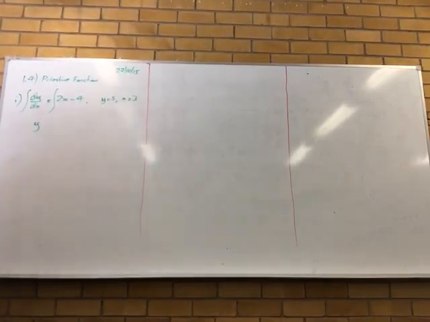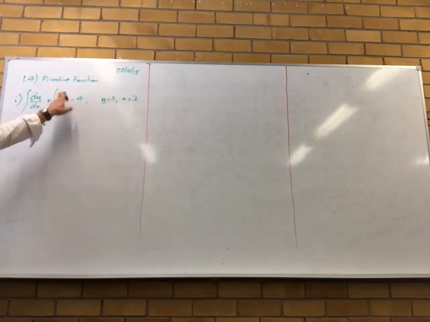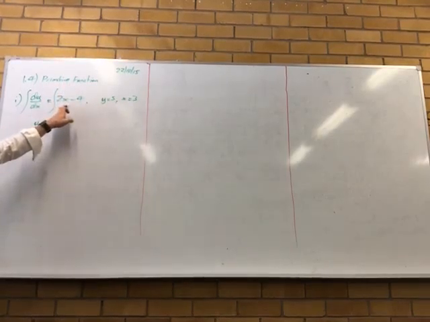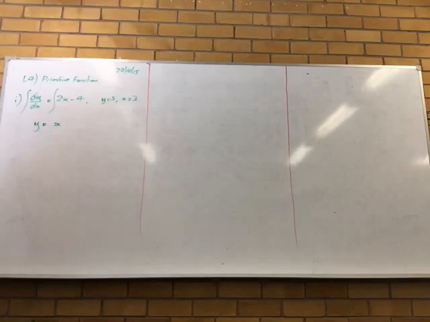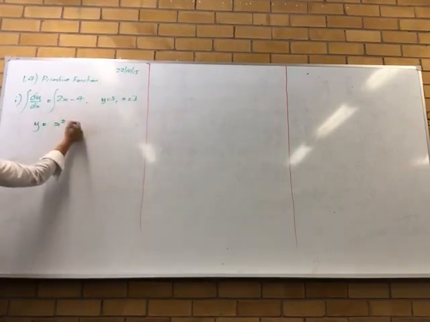Alright, so when we integrate dy dx, we have y equals, what's the integral of 2x? Okay, so 2x squared over 2, remember, whatever's there, add 1 to the power, divide by our new power, which will become 2x squared over 2, which is x squared.